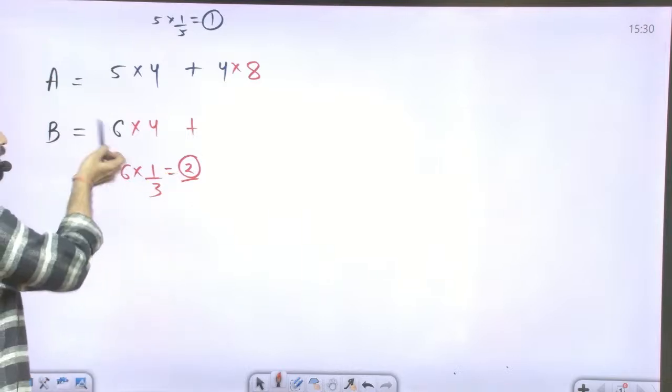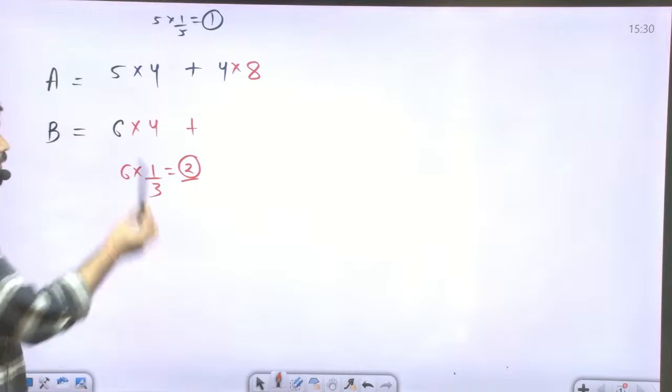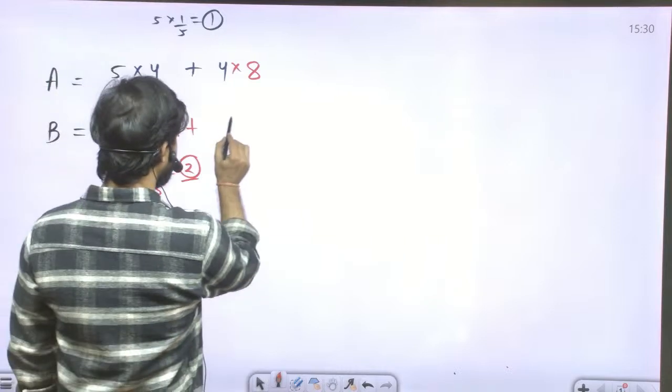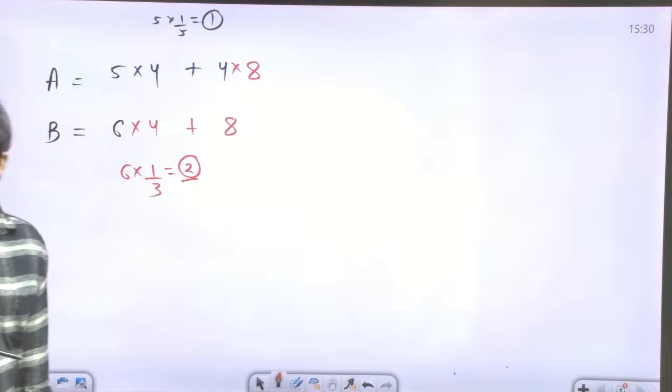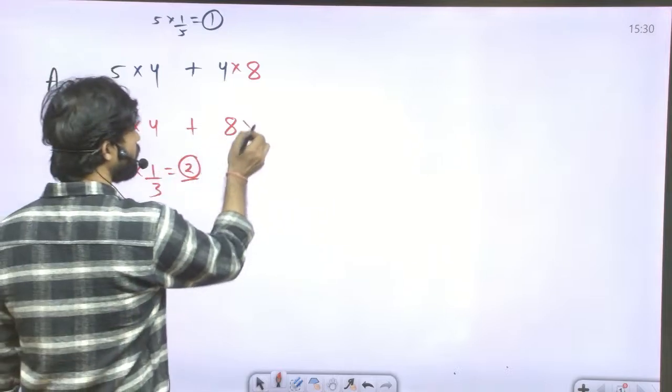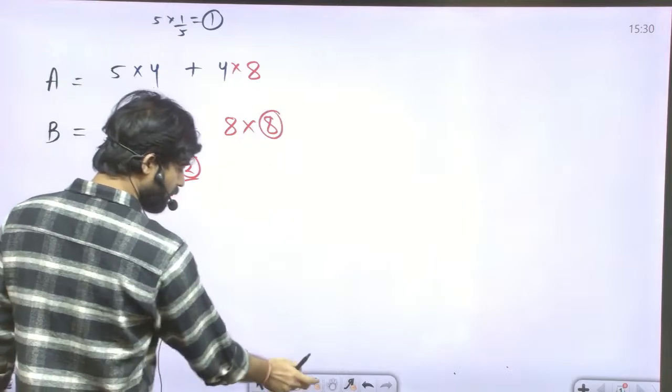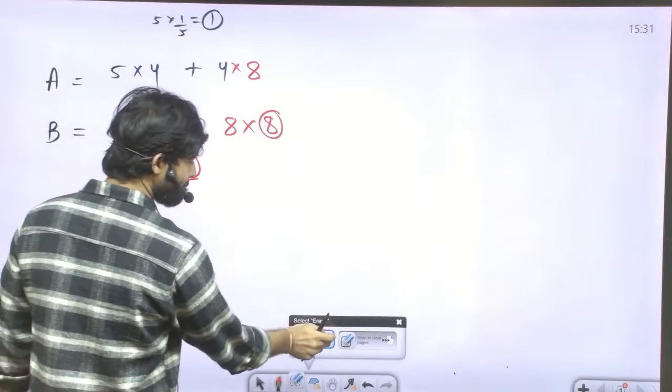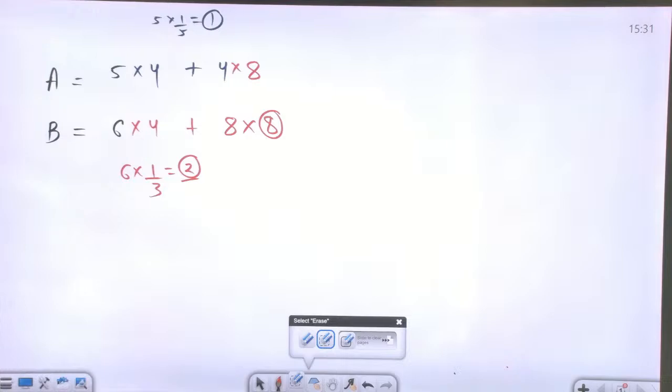Earlier he invested 6, now 6 plus 2, 8 is invested in the business, for 8 months. Understood or not? Any problem in this? Okay.